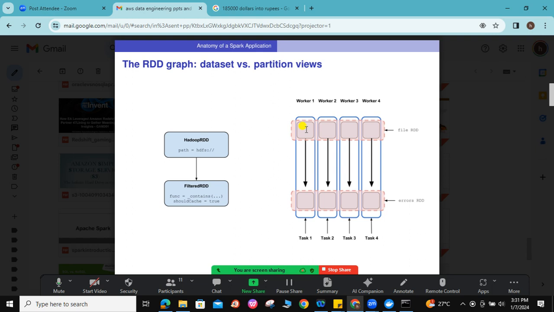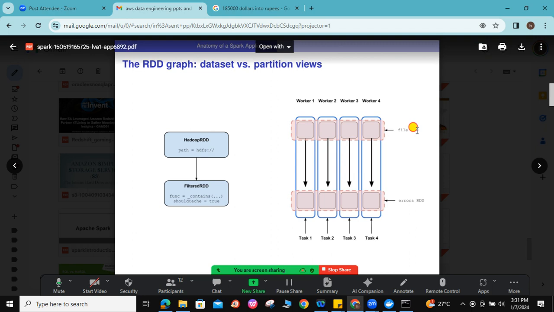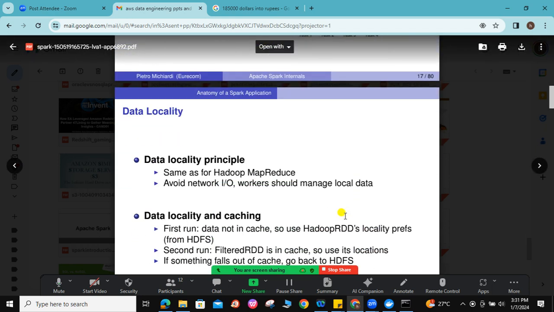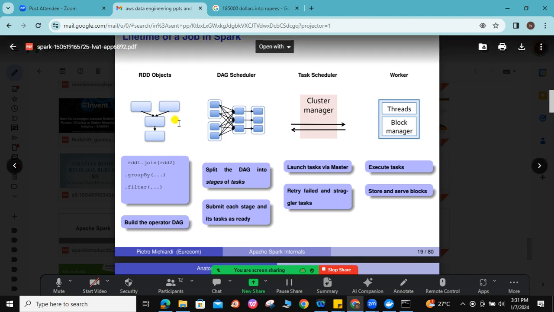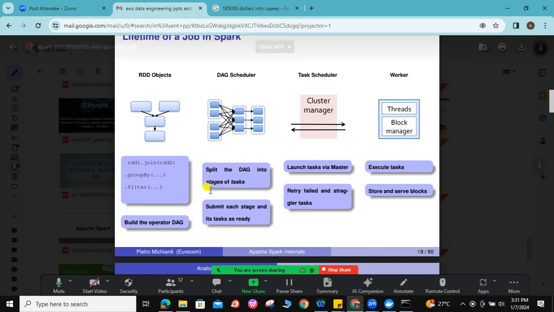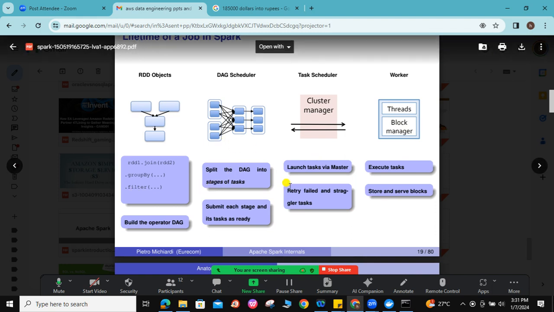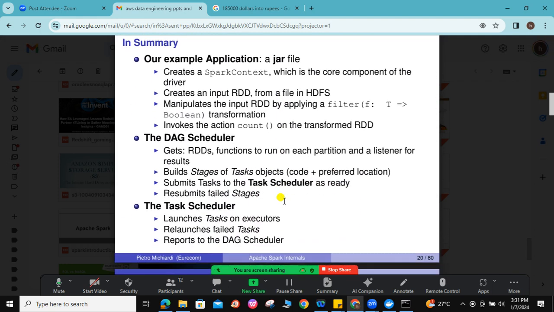So you can play with this. For the worker node you can increase 5 CPUs, 10 CPUs, RAM you can increase. Those things I'll let you know. We call this RDD, you know. Anything is RDD. And you know, RDD objects, DAG gets created and the worker node will execute. So how this happens, you split into the DAG. We have spoken about this.